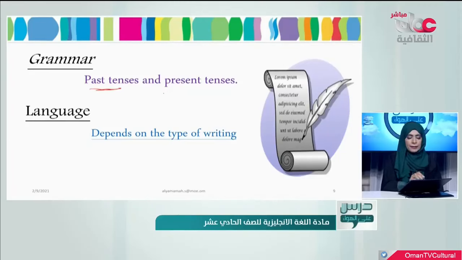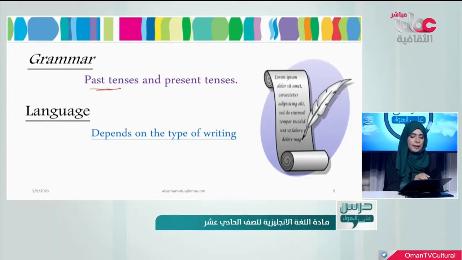And if I ask you to write about, for example, sports or sport programs that we have for youth, of course you will use the present tense, because you are talking about a common idea or an urgent situation which is happening now. So when we come to the grammar, we will have a chance to vary our text between the past tenses and the present tense.